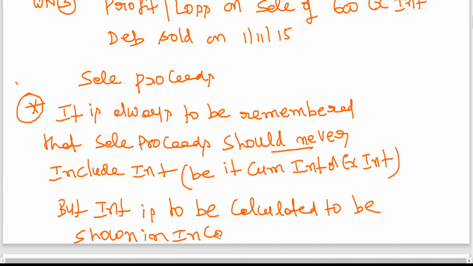Income column. So sale proceeds ex interest, no? Ex interest means interest is not included. So directly I can write sale proceeds, 57,000. Why will sale proceeds never include interest? Because it is of a revenue nature. 57,300.